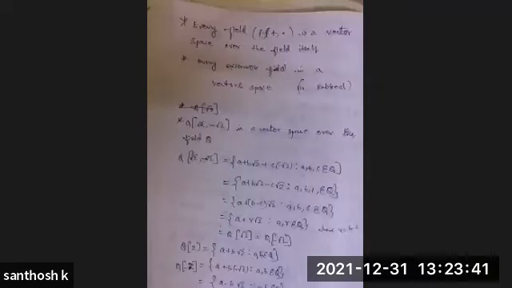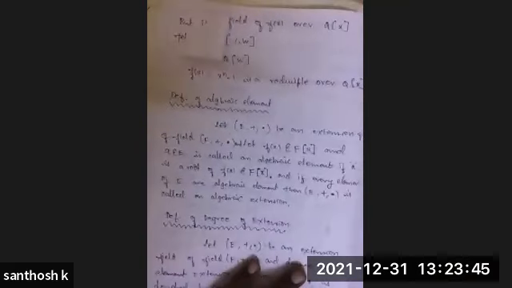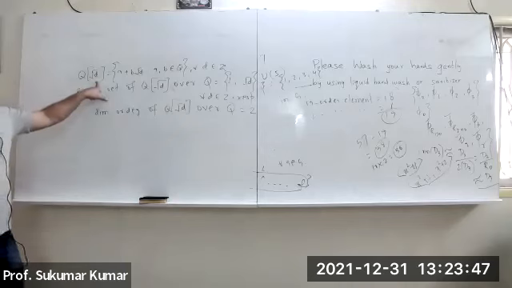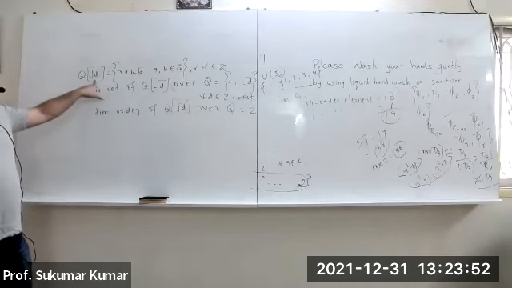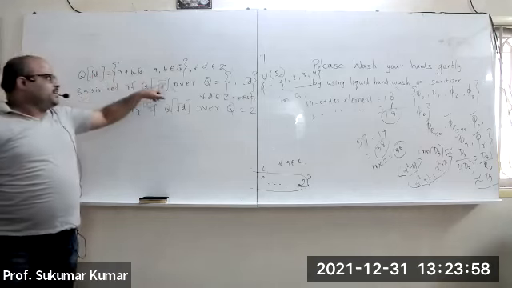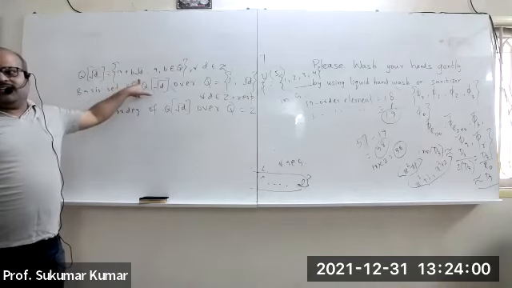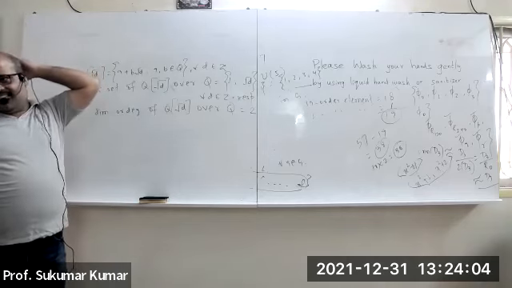Yes, sir, correct. D belongs to integer. D equal to 1 means only Q. Then how will 1 come here? Then A plus B directly will come, then only rational.